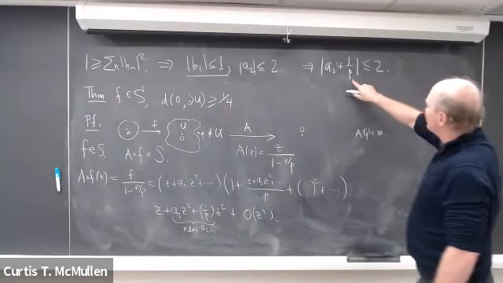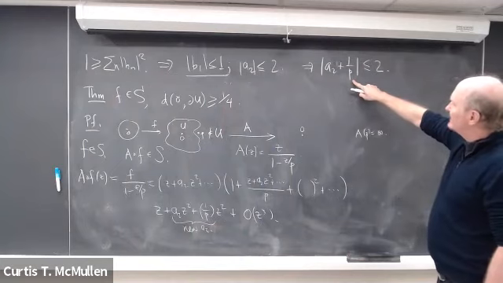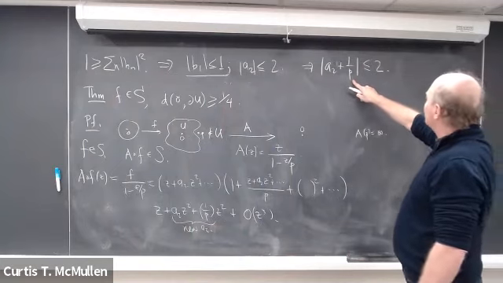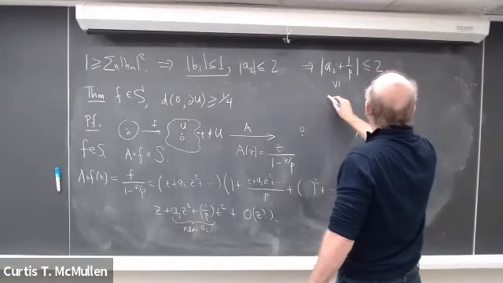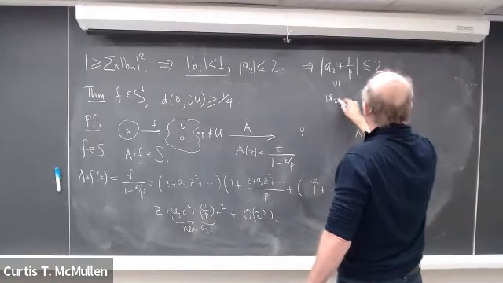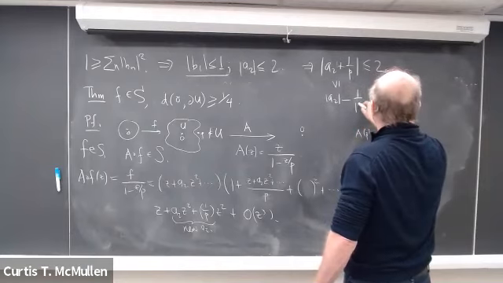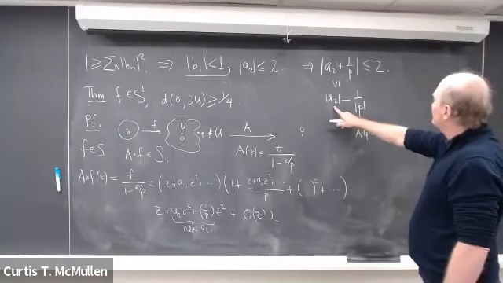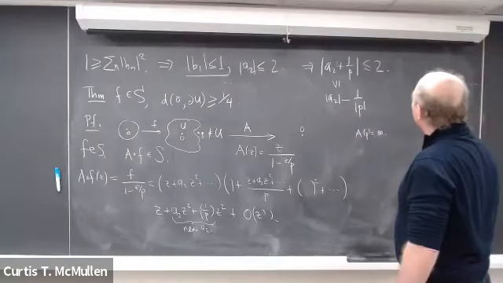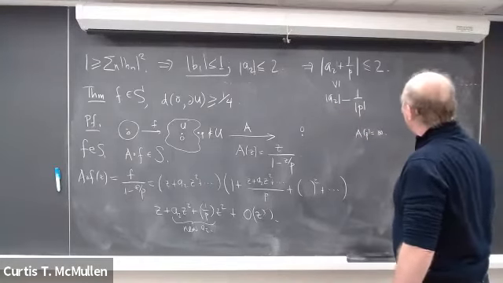That already shows that P can't get too close to 0. And what's the exact bound? Well, this is greater than or equal to the absolute value of a2 minus 1 over the absolute value of P. And the absolute value of a2 is at most 2.